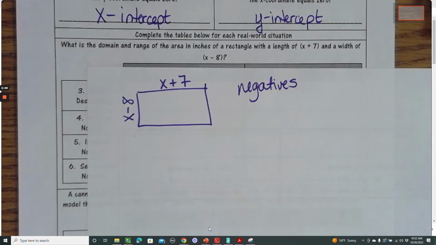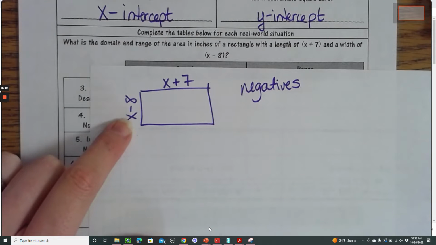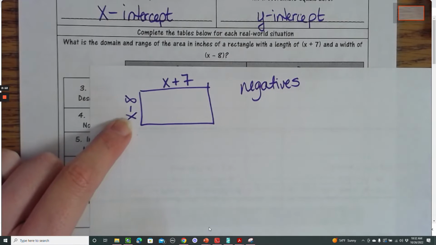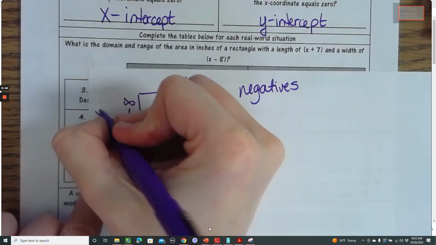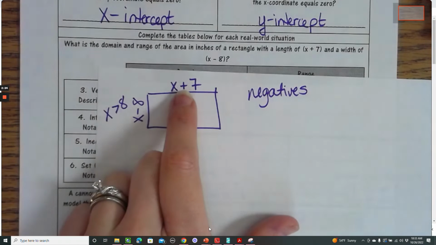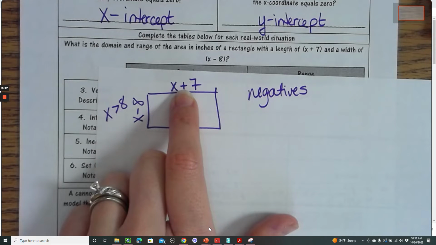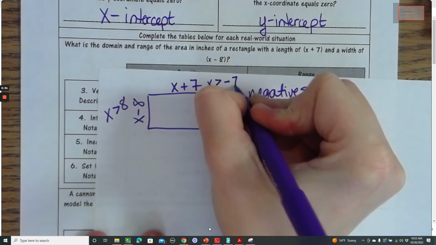No. So what value of x would make this side a 0? 8. So for this side, x has got to be greater than 8, right? Can't be 8, but just a little bit more than 8, and we're still okay. What about here? Negative 7. So x has got to be greater than negative 7.